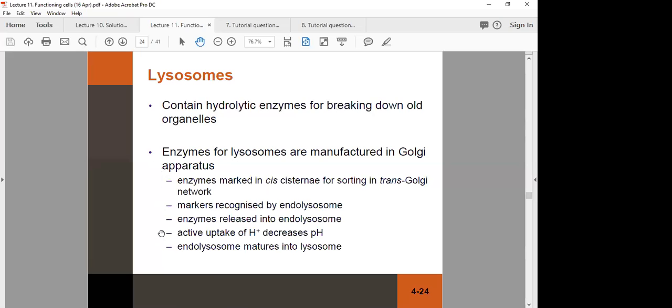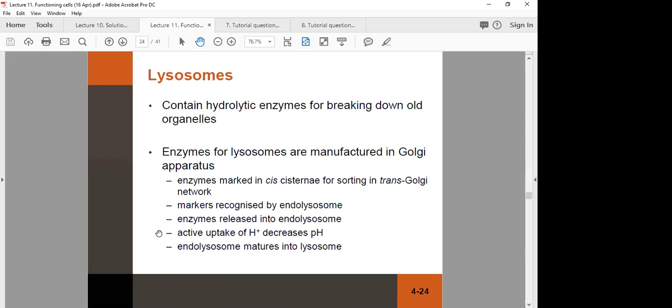And that's because these hydrolytic enzymes actually function at their optimum in an acidic environment. So the pH within the lysosome is very acidic, about 4.5 to 5, and contrast that to the pH within the cytosol of the cell, which is generally kept at about 7.2.